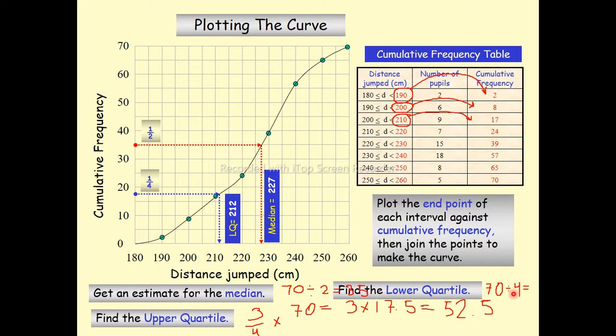That's how we get the upper quartile. We multiply 1/4 by 3 to get 3/4. So that's 52.5, this is 50, and this is 52.5 there.